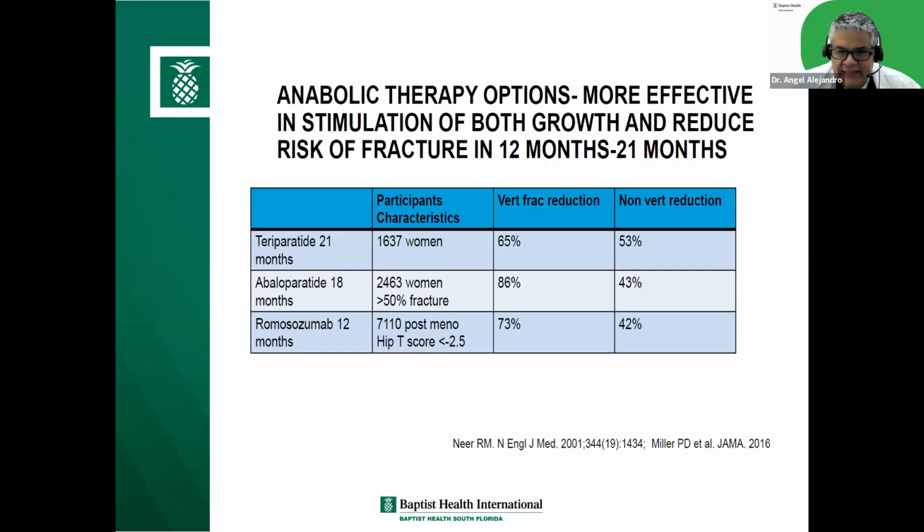Here you see 86. So what you want to do with these agents is build bone, right? You build the bone and then you maintain the bone with either a bisphosphonate or denosumab. And then on the bottom is your Evenity. This was compared to alendronate, but Evenity is very good as well. Remember, that's just for 12 months, and then you transition to something else.